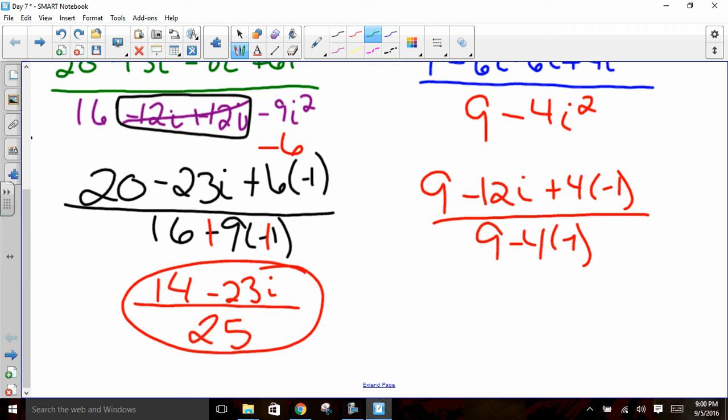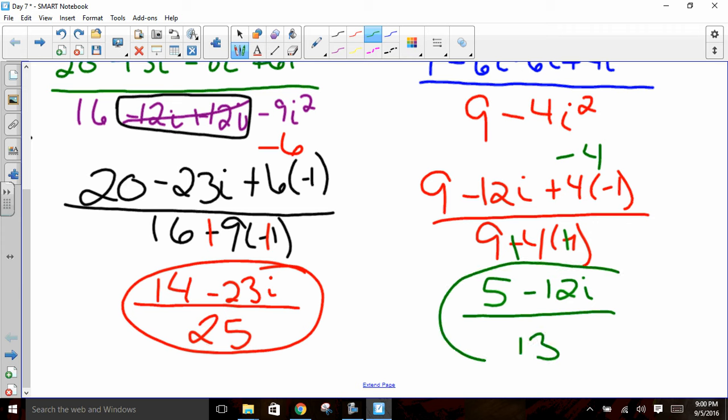All right, 4 times negative 1 gives me minus 4, so I have 9 minus 4, which gives me 5. So 5 minus 12i on top. Negative, negative turns positive, so I have 9 plus 4, which gives me 13. So my grand old answer is 5 minus 12i all over 13.